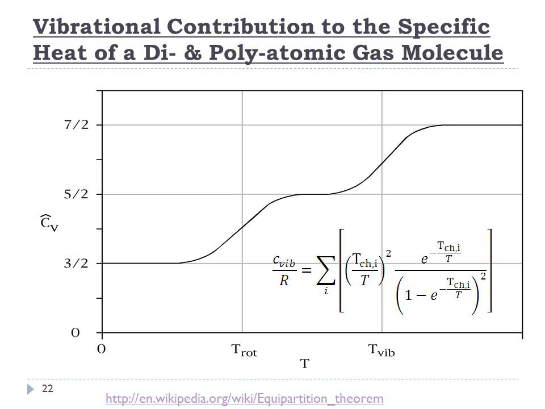What I want to point out here is that it's a really complicated function, but when you are just coming out of the flat line in between the temperature of rotation and temperature of vibrations, you can put in a linear approximation to it.